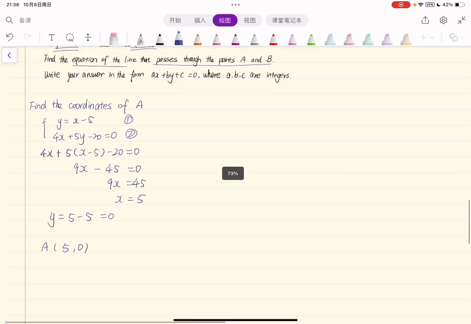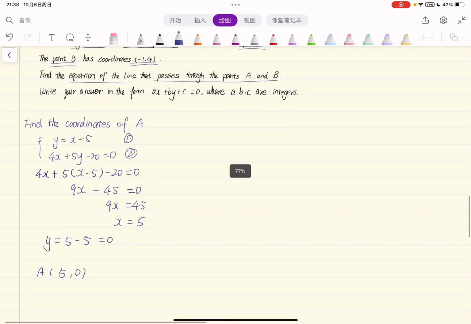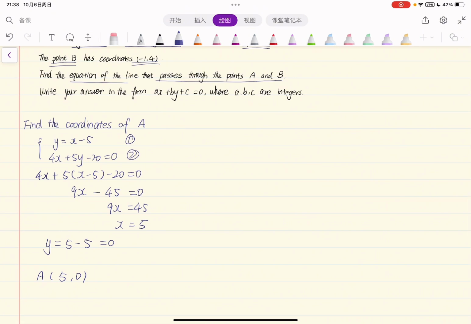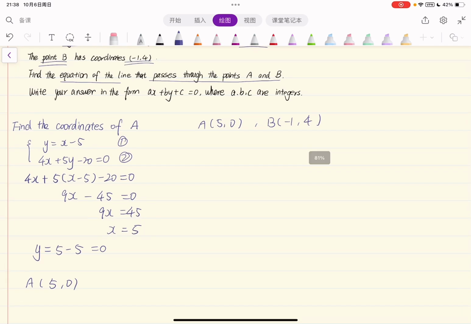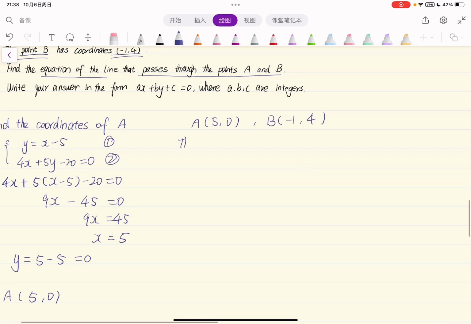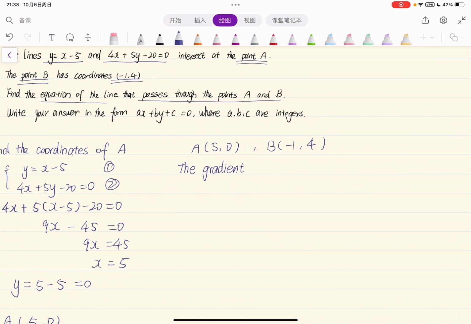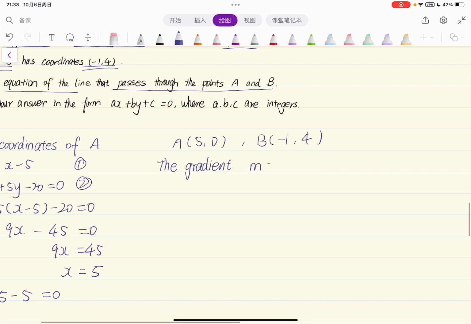Now we know the coordinates of 2 points. So A is (5, 0) and B is (-1, 4). In this case, we can calculate the gradient of the line that passes through the points A and B. We have m equals (y2 minus y1) over (x2 minus x1).